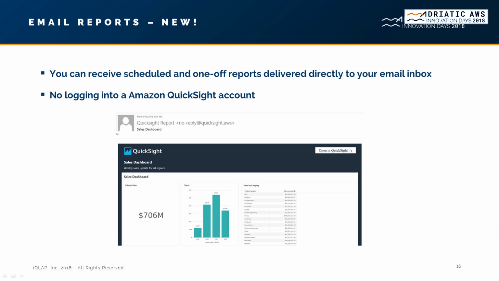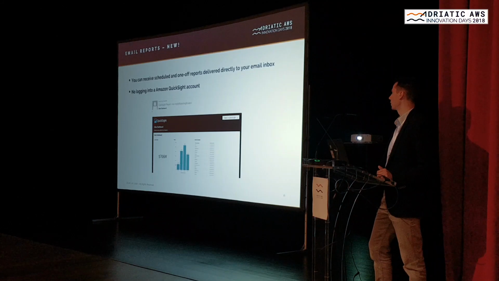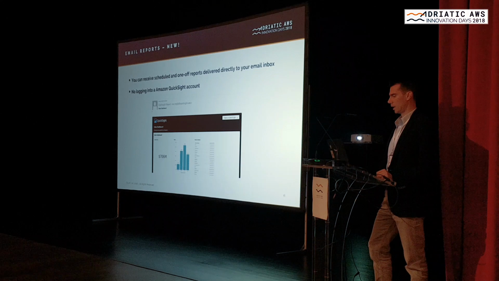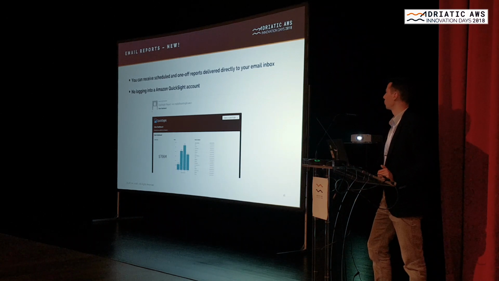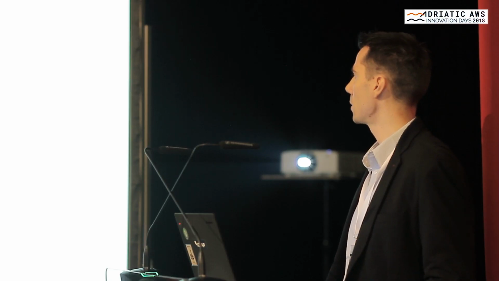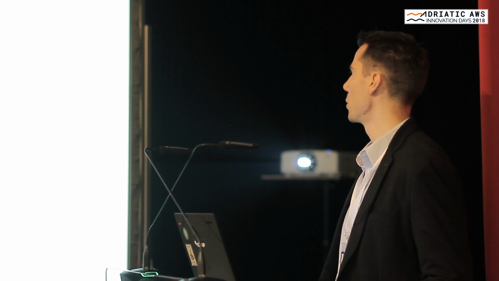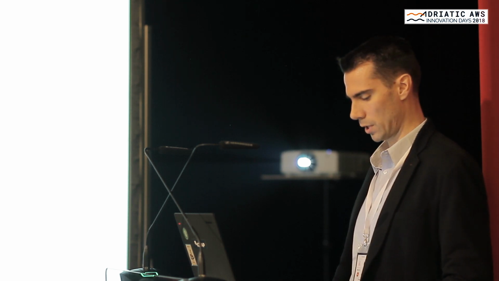But if you want to explore that dashboard, there is a button so you can easily log into QuickSight and explore it more. And to be able to receive these emails, you must be on a subscription for QuickSight, and you must have permission to see those dashboards.